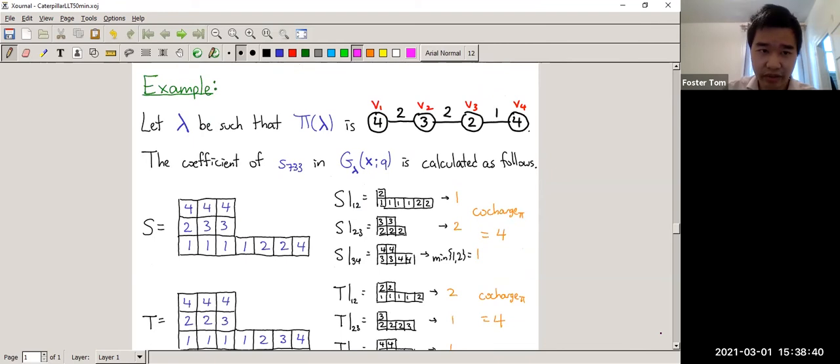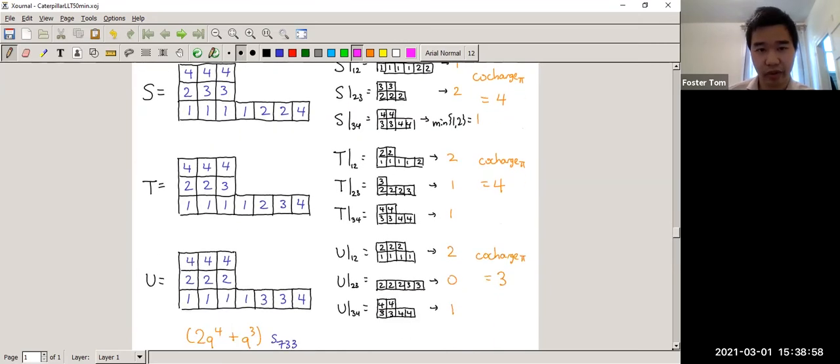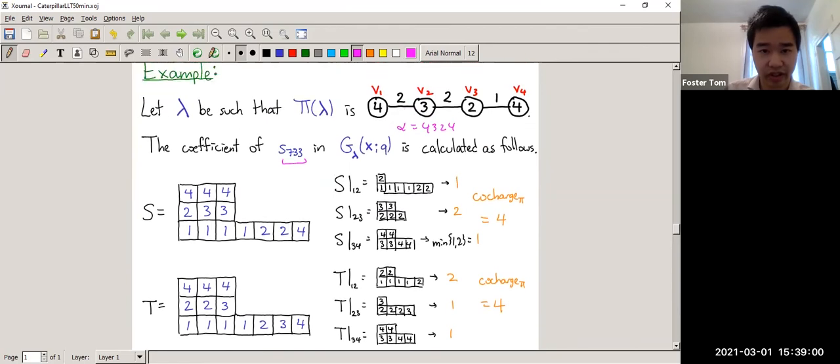So if I have a tuple of rows that has this graph, so this is a path. If I want to find the coefficient of S733, for example, I write down all the tableaux of shape 733 and of weight 4324. So there are 3 of them here, but we can just look at this first one.